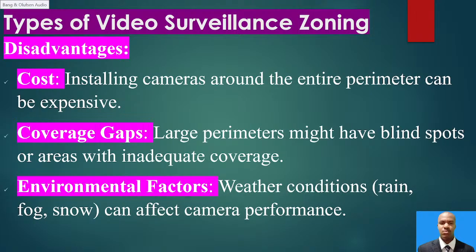Then there are the environmental factors. This simply stands for weather conditions such as rain, snow, fog, and mist, and these may cover the viewing ability of the cameras. They may also hinder sensors due to that covering.